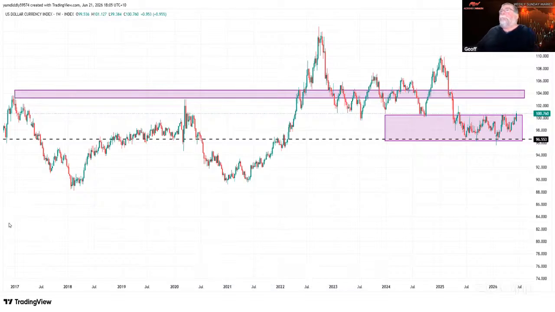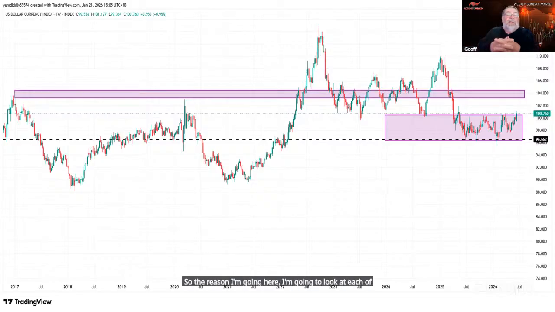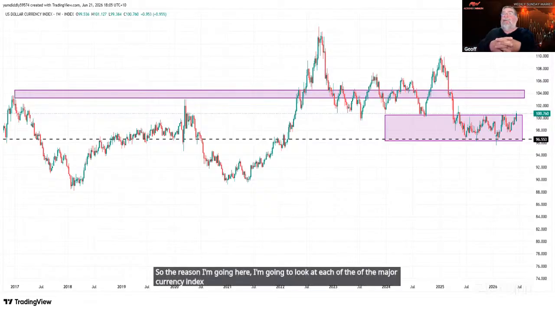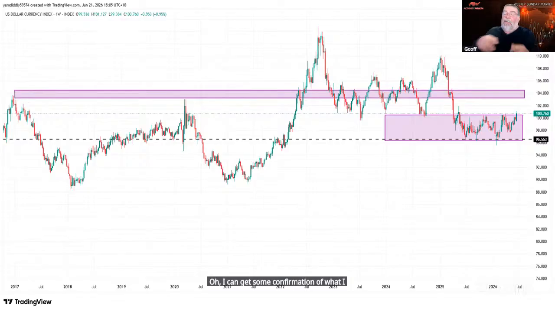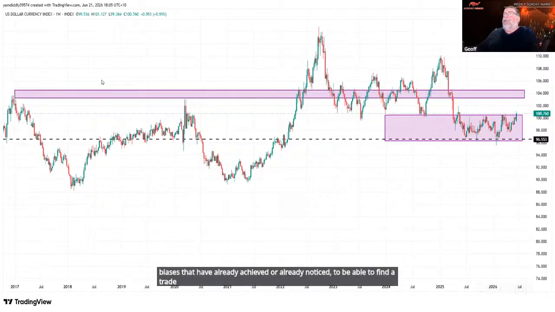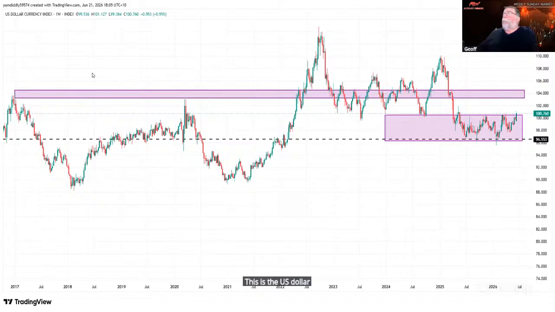Okay, so the reason I'm going here, I'm going to look at each of the major currency indexes to see if I can get some confirmation of what I'm thinking on those biases that I've already noticed, to be able to find a trade. This is the US dollar index. As we can see, and I've marked what I consider to be the key levels of support and resistance here.